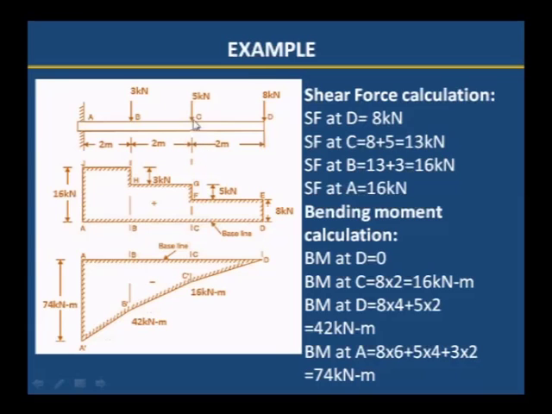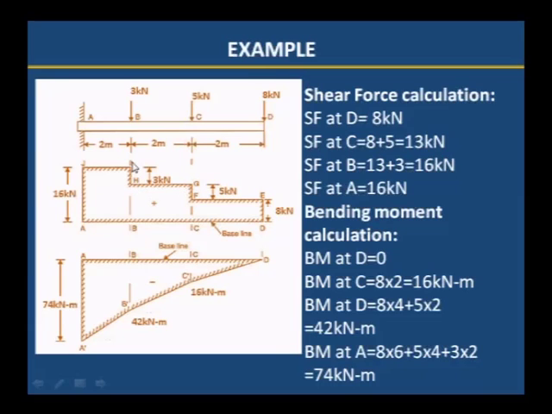Next, at C, we have to draw the 5 kilonewton extra. That is 8 plus another 5 is added. 5 kilonewton drop is there at C. 8 plus 5, total shear force at C is 13, but there is a drop equal to the point load, 5 kilonewton. Then again from C to B, no load is added, therefore it is a horizontal line.